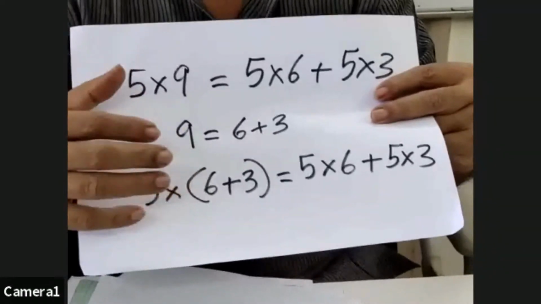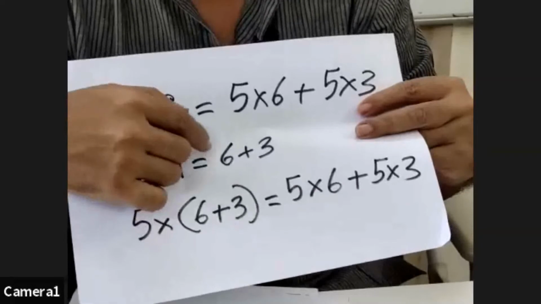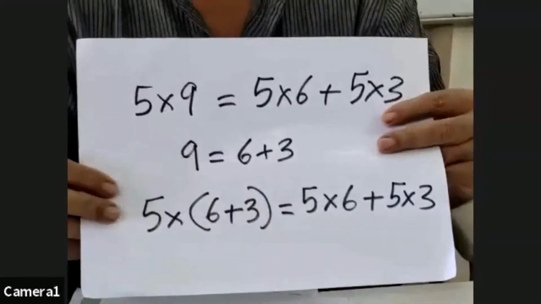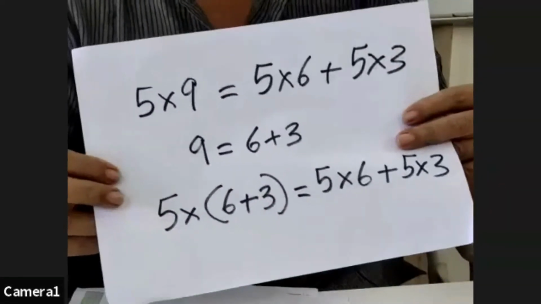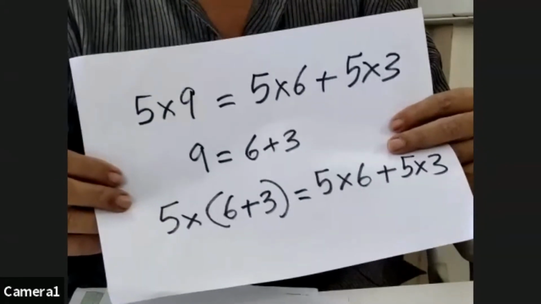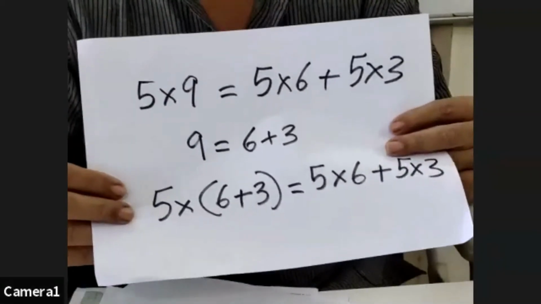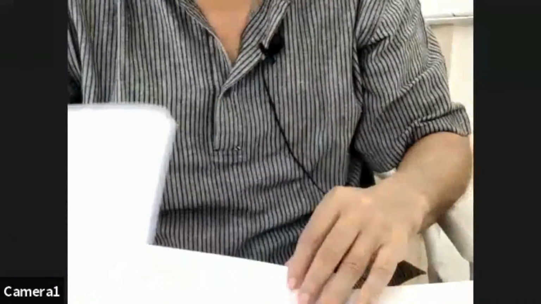So bracket means do that first. And while writing 9 as 6 plus 3, we have to put the bracket. This is a rather important point, and we will be using this as we go ahead. Okay?